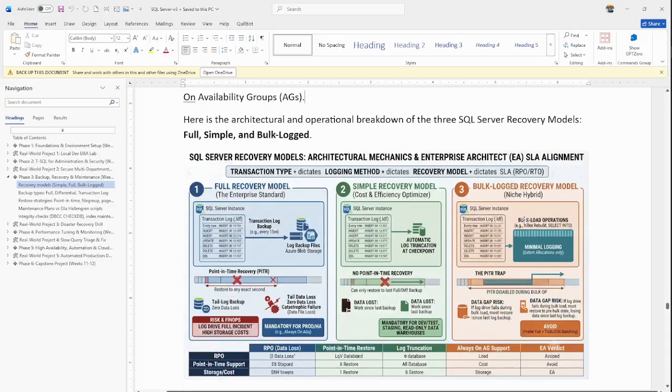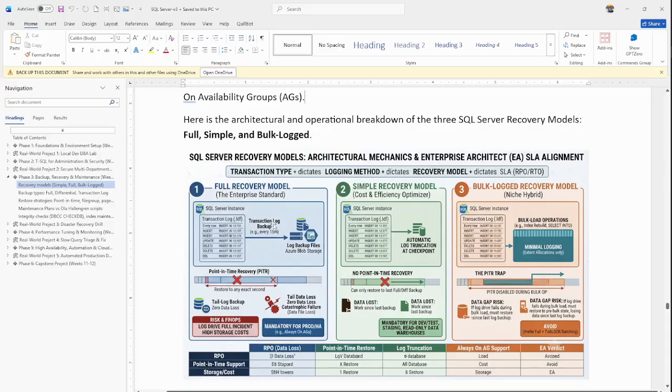Full recovery, you are going to capture the transactions, everything you will be capturing here. You will have zero data loss. You can restore to any exact second you want. Even a second, you will not lose.